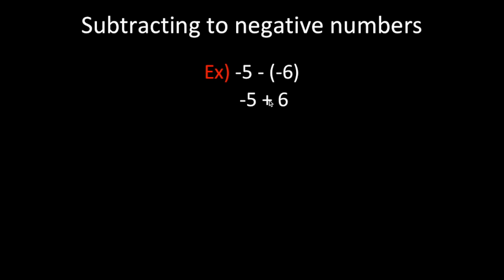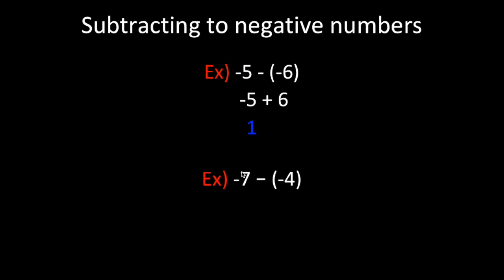Now we ended up with two numbers with different sign. What did I say before? Whenever you add two numbers with different sign, you subtract. So automatically that's 1. But you're not done yet. Look at the sign of each number. 6 is larger and it has a positive sign, so therefore your answer has to be positive.